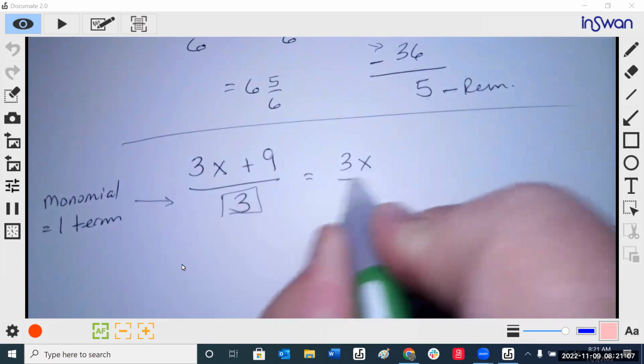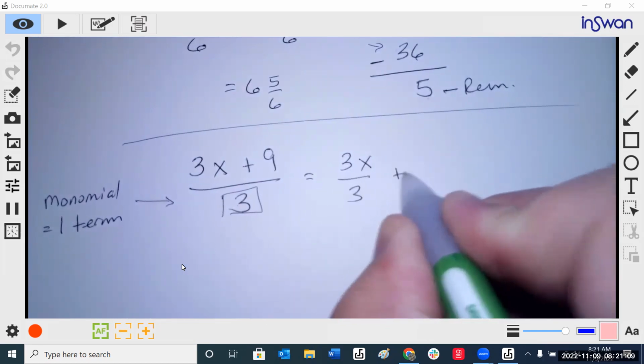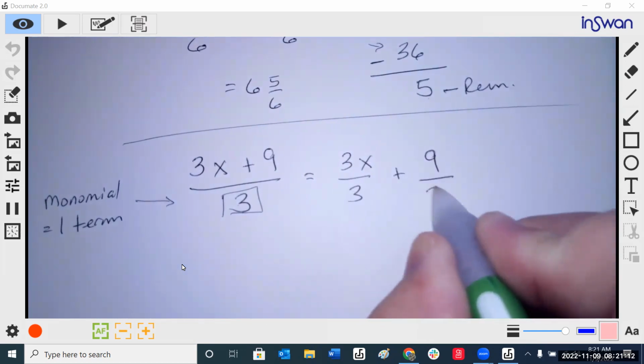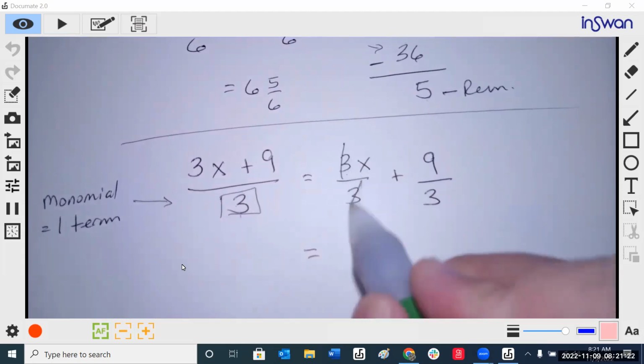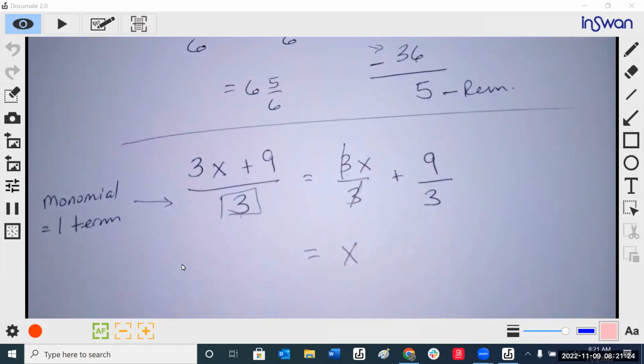Since you have a common denominator, you're taking this denominator into every number on top and dividing it. So the 3's cancel, leaving us with x. 9 divided by 3 is 3. And that's it.